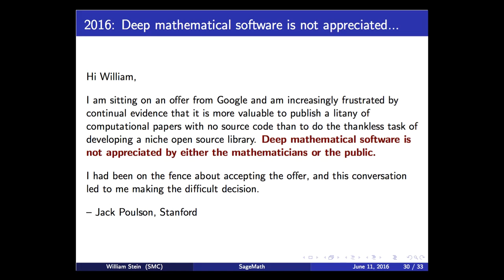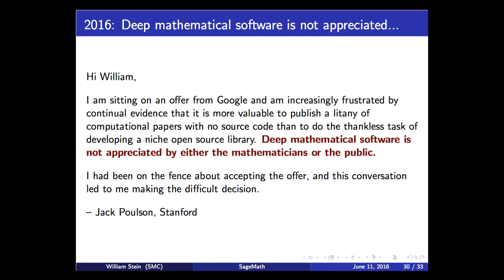And then he wrote back to me and he said, "I'm sitting on an offer from Google and I'm increasingly frustrated." He feels like deep mathematical software is not appreciated by either the mathematicians or the public. It's not surprising the general public doesn't appreciate deep math software.